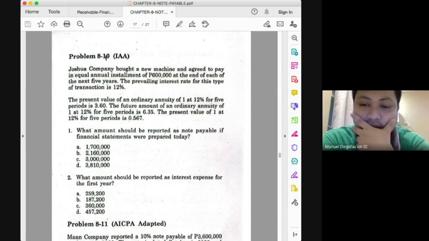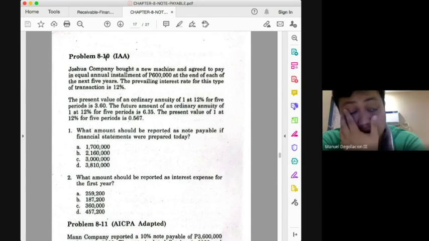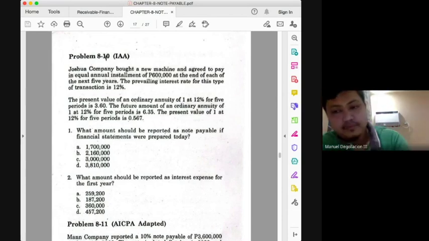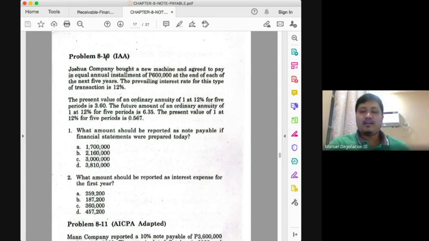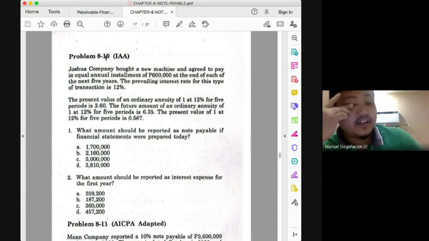Okay. And under the effective interest method, you will just have to multiply the carrying amount, or the initial carrying amount of the notes payable, which will be the present value, with the effective interest rate. Okay, for the first year, your interest expense will simply be your initial carrying amount multiplied with the effective interest rate.